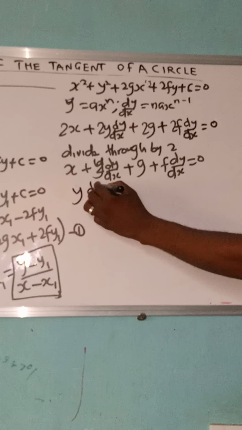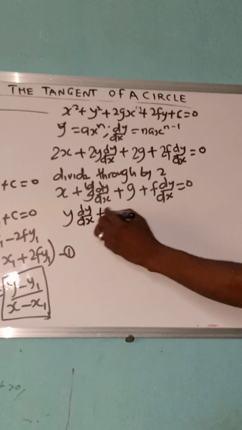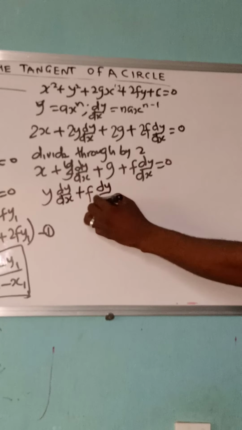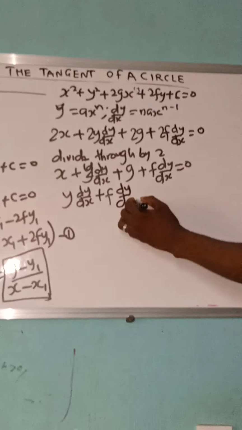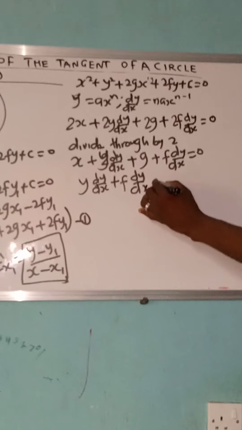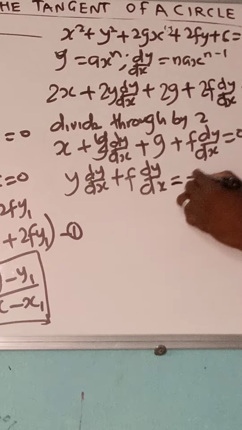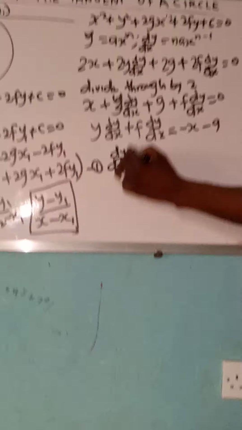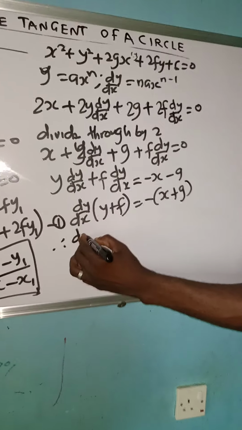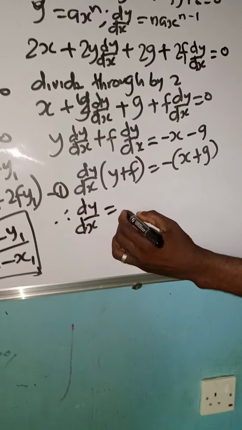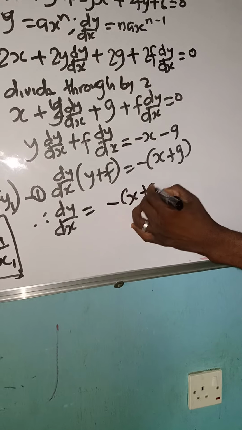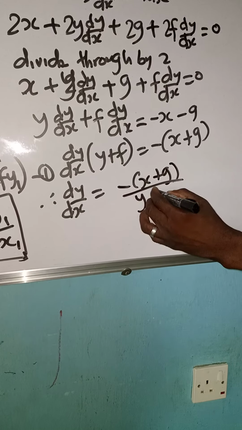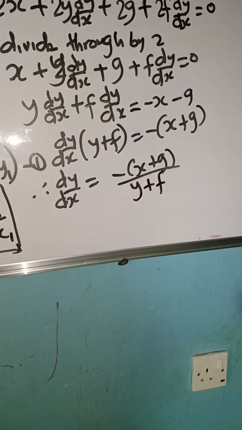So y dy/dx + f dy/dx = -x - g. So dy/dx, you factorize here, you have (y + f) dy/dx = -(x + g). Therefore, dy/dx = -(x + g)/(y + f). This is the equation of your tangent.